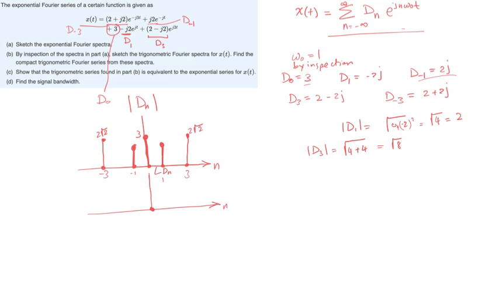At 1, minus 2j. So a pure imaginary term would have a phase of either pi over 2 or minus pi over 2, depending on whether it's positive or negative, right? So for the minus 2j, it means that D1 has a minus pi over 2 phase, okay?